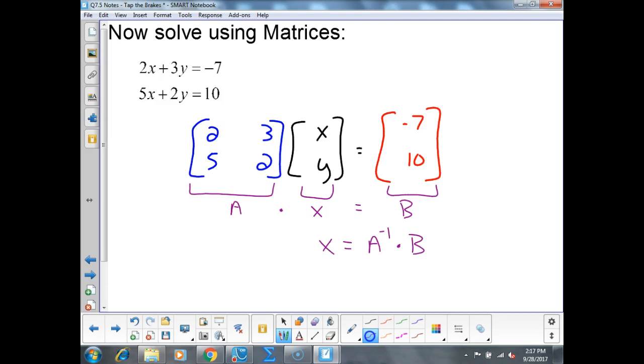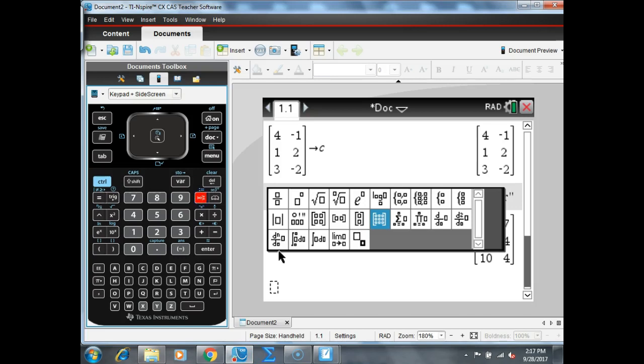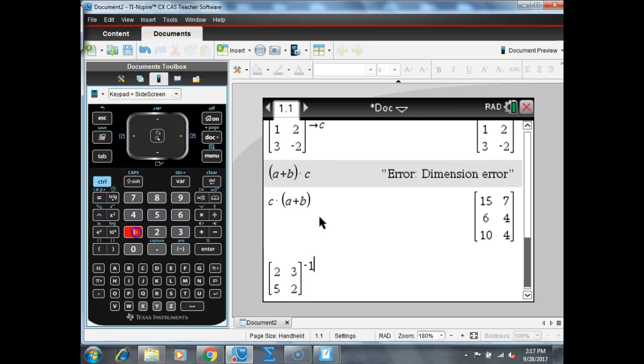Okay? Shorthand, that's going to look like this. So I go into my calculator, and I type in my 2 by 2 matrix of 2, 3, 5, and 2. Then I need the inverse of that, so I'm going to raise that to the negative 1 power.